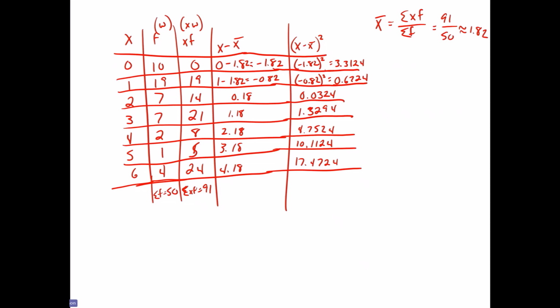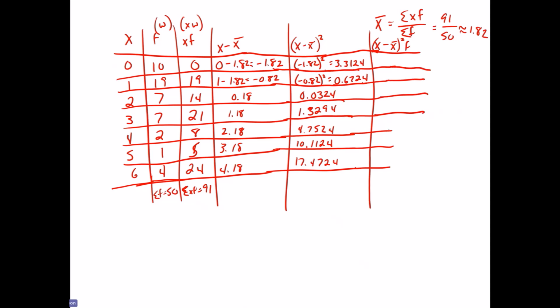Normally, if this were the raw data, we would add up at this point, right? But does it make sense to add at this point? Not really, because right now we're only counting each data value once. We're not accounting for the fact that they show up multiple times. So we want to multiply the deviation, X minus X bar squared, times the frequency that it shows up as, essentially doing that repeated addition.